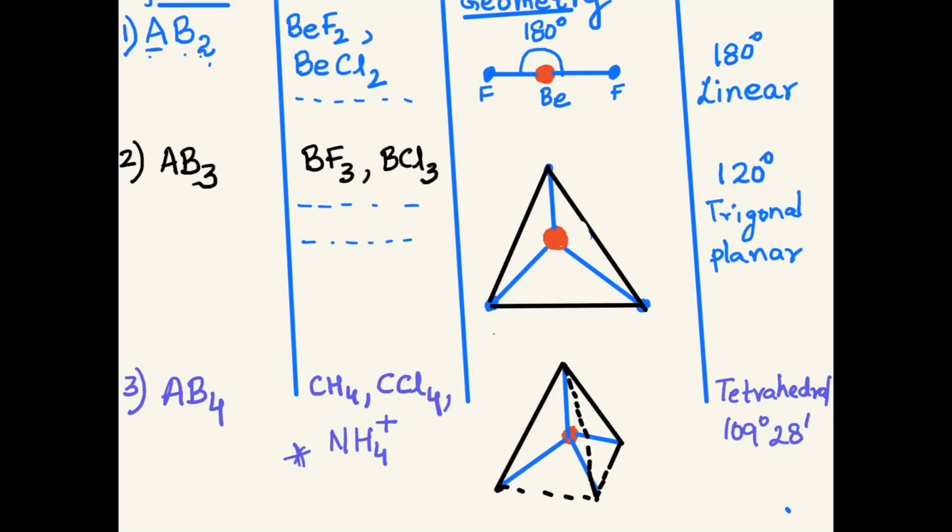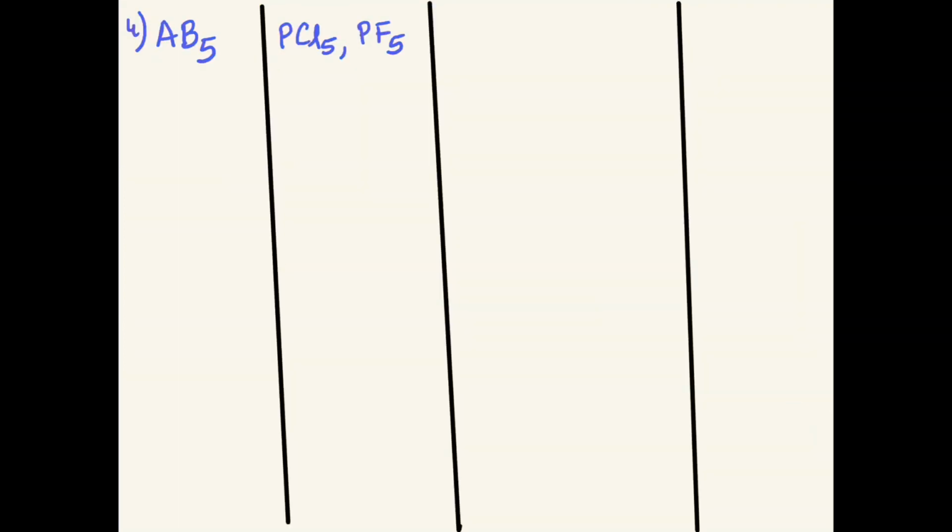Let's go on to the next one. So we've got AB5. Can you recall? Yes, we did it in the video. Very correct. So we've got A in the middle, the central atom, with 3 of them directed in one plane, bond angle of 120 degrees.